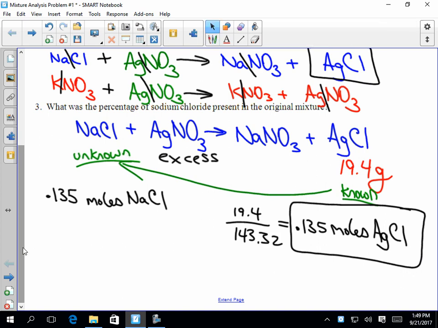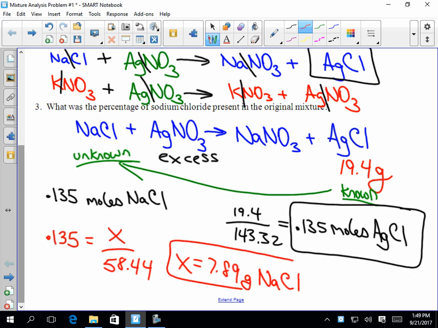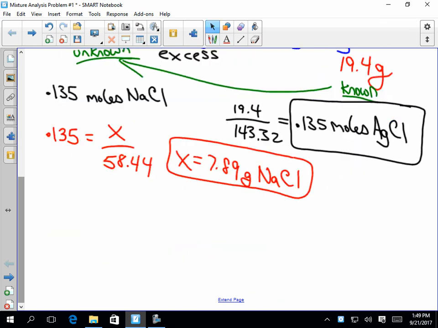No problem. I'm a formula weight away from figuring out how many grams that is. It's equal to X over, I used 58.44. When I solve for that, I get X is equal to 7.89 grams of NaCl. Okay. I want to clarify what that means.